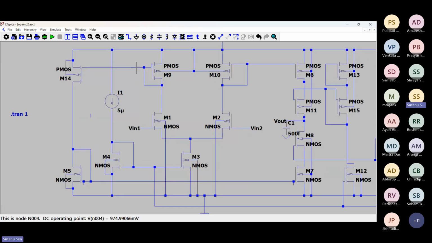So it's not giving much change. I've connected all the body terminals of all NMOSes to ground.